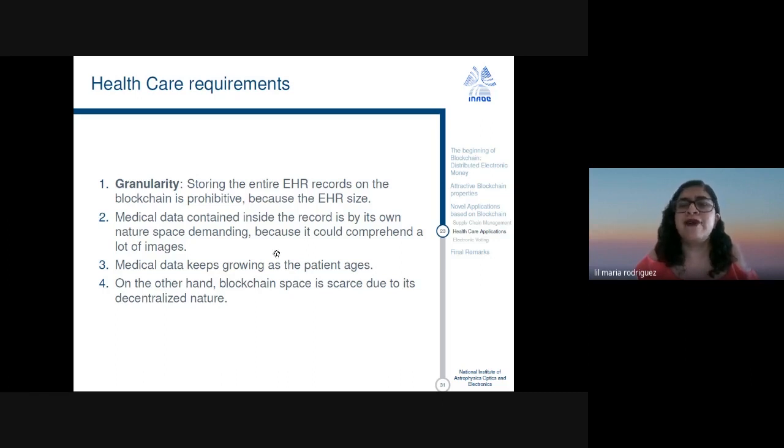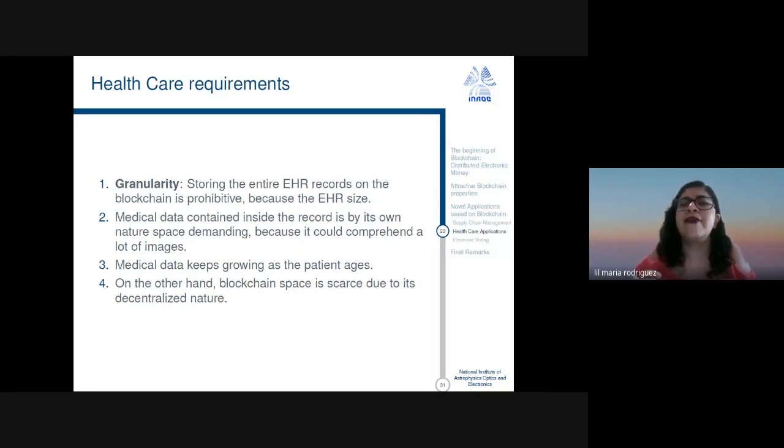Also, we have to know that medical data keeps growing as the patient gets older, right? And on the other hand, in blockchain, we want the blocks to be lightweight because, as we explained briefly, these blocks need to be propagated in the network.